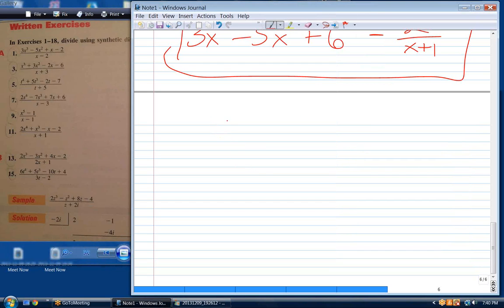This one skips a variable, so you have to put a 0 in for it. So the first one is 1, second one is 5, third one is 0, fourth one's -2, and then -7.